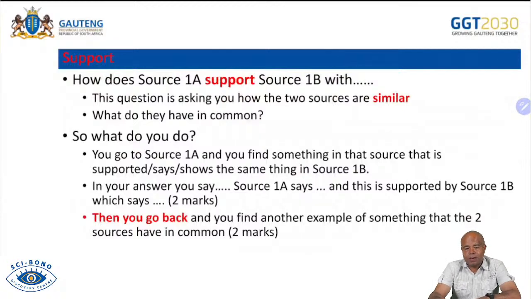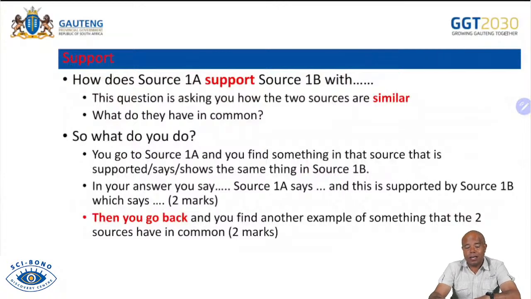Now, if the words are exactly the same, all you can write is both sources indicate there are lions. Then you go back, both sources indicate there are mountains. So learners, we need to distinguish when we talk about similarities. Similarities could also be if they say there are cars, and the next source says there are big cars.